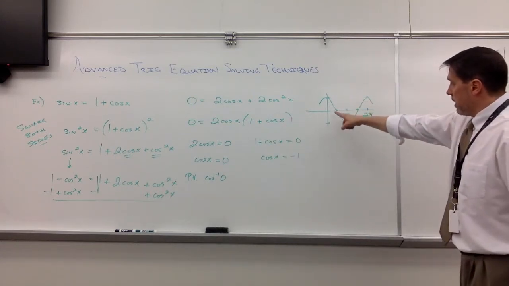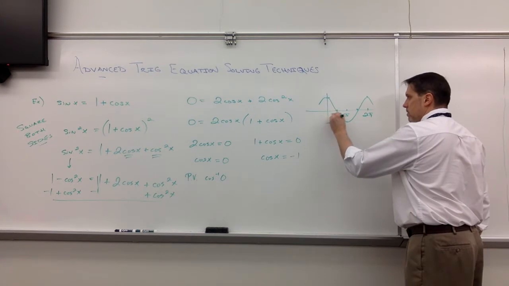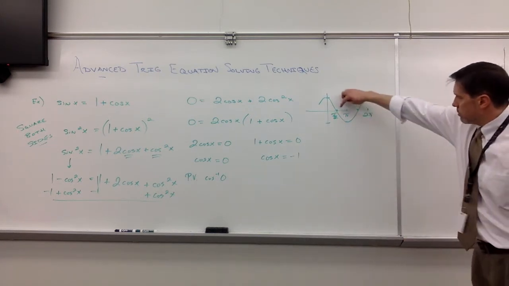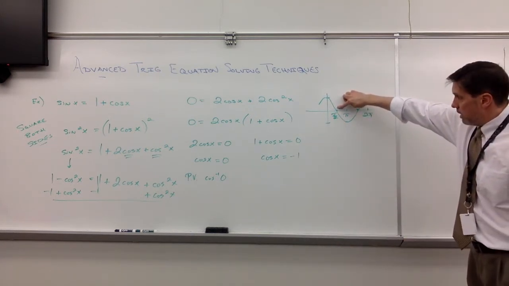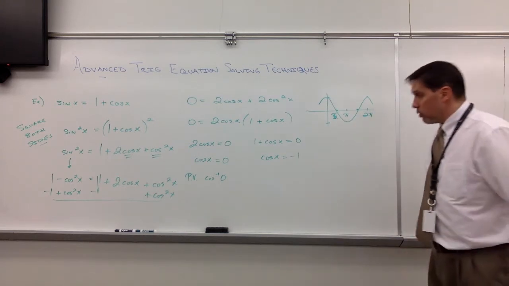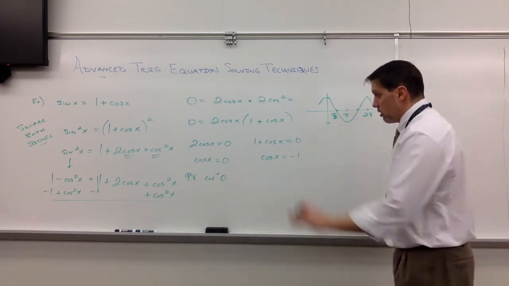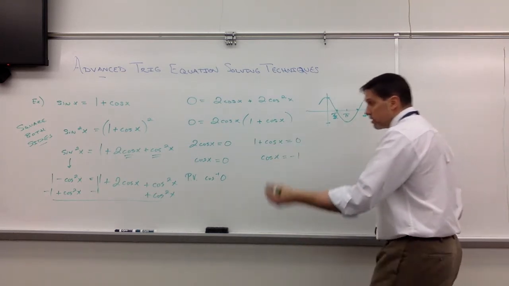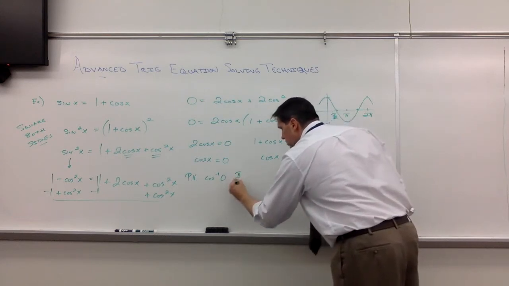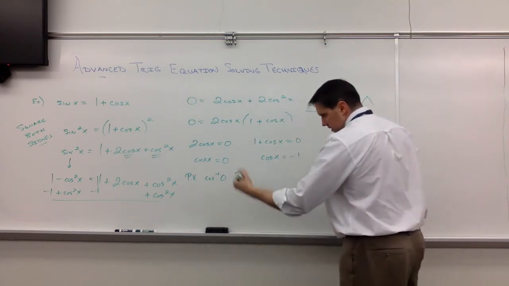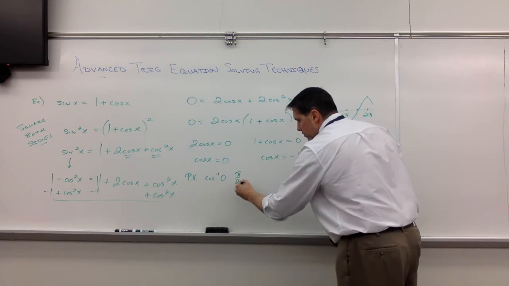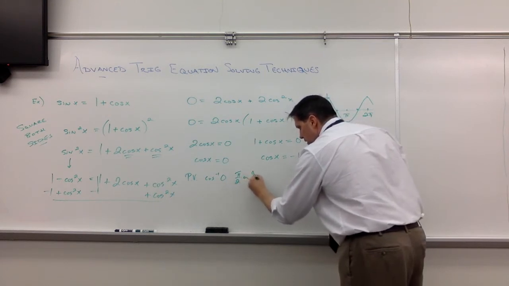So what are we looking at? I believe our one and only option is pi halves here. Right? That's where cosine is actually 0. So cosine inverse of 0, principal value, yeah, it's going to be pi halves. If we're talking radians, if we're talking degrees, sorry.